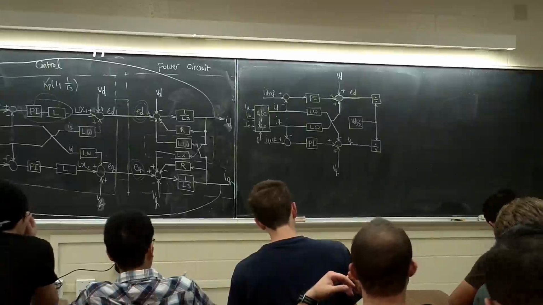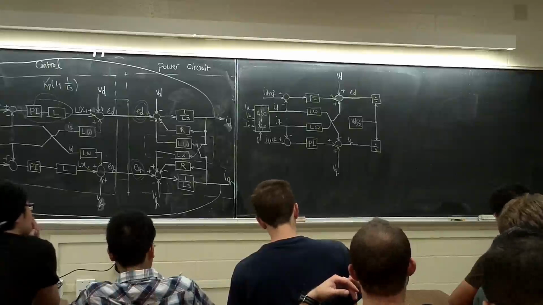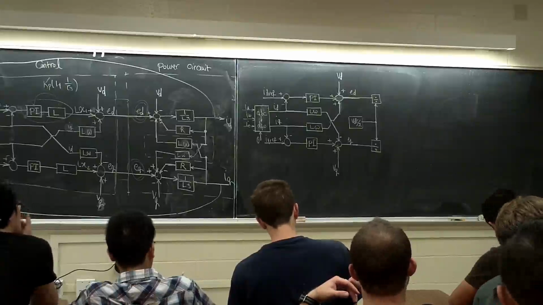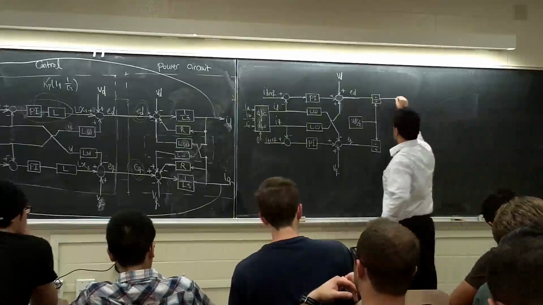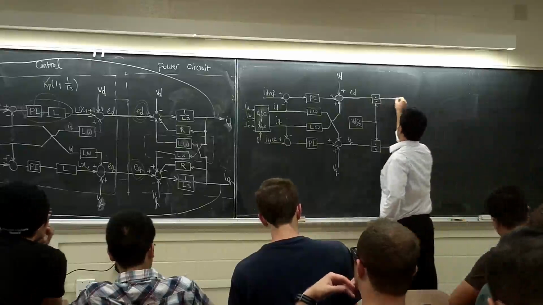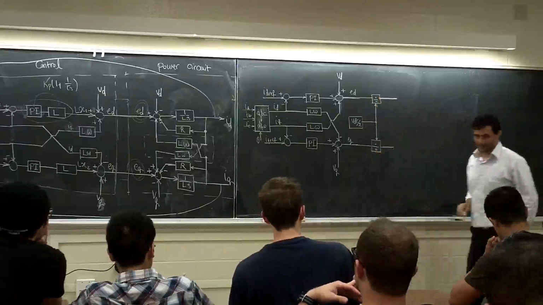It was either VDC over 2 up or VDC over 2 negative, right? I'm normalizing it here. I'm dividing it by that voltage. Now this one is going to give me 2 signals, right?